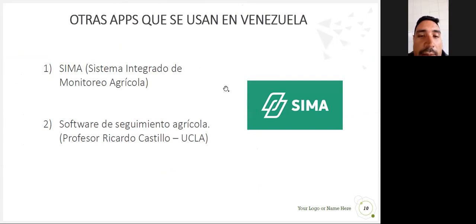One is Agrocognitive; we are partners of Agrocognitive. Another is a software for agricultural monitoring, also from the UCLA, a big university in Lara state. Next, please.